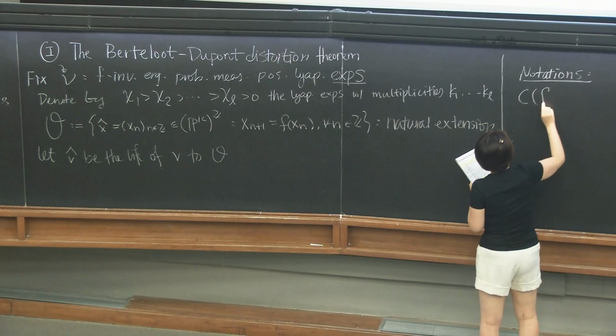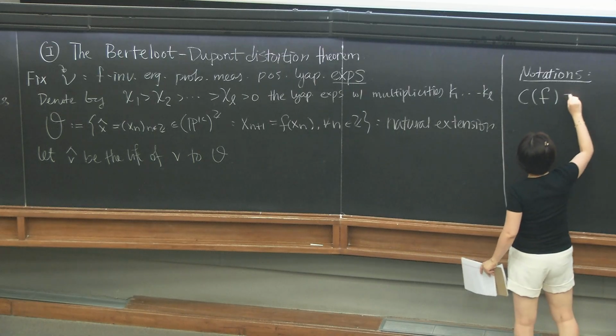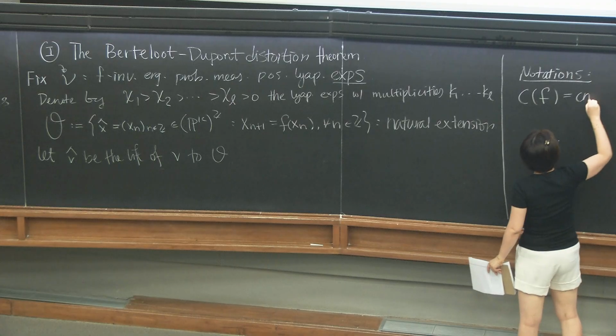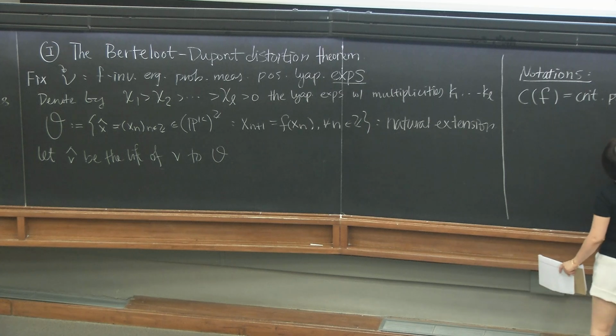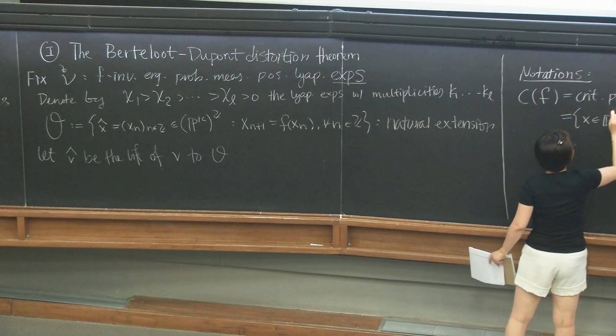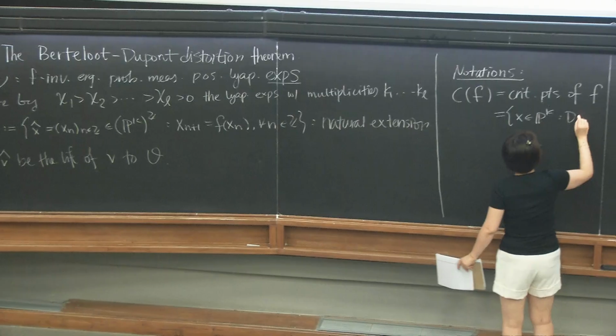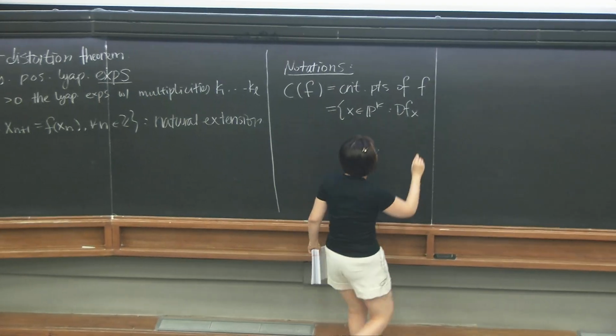I would denote by C(F) the set of critical points of F. So what is this collection? This is the collection of points in CP^k such that the derivative matrix is not invertible.